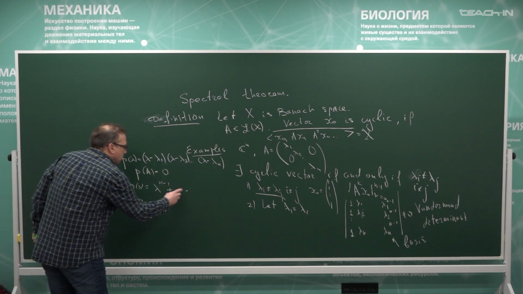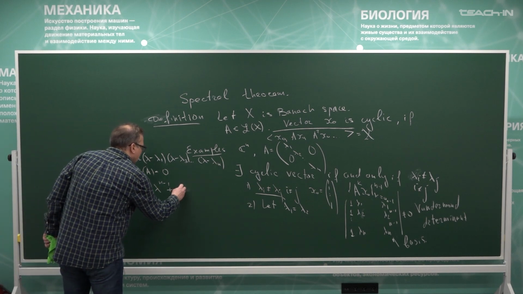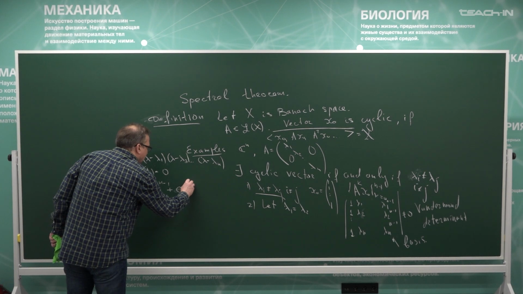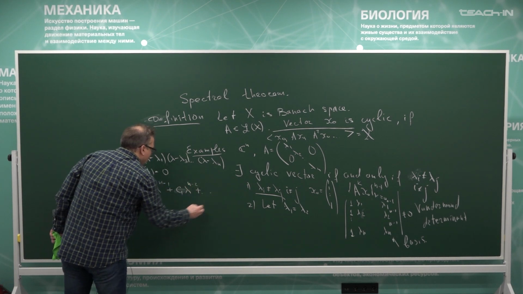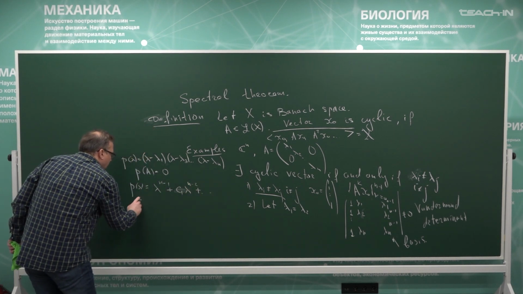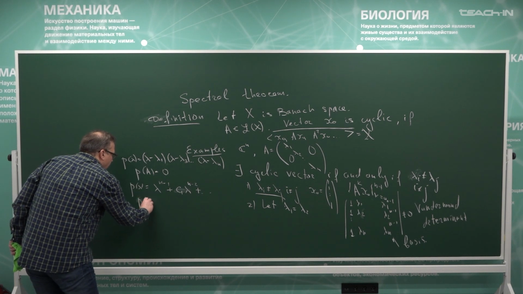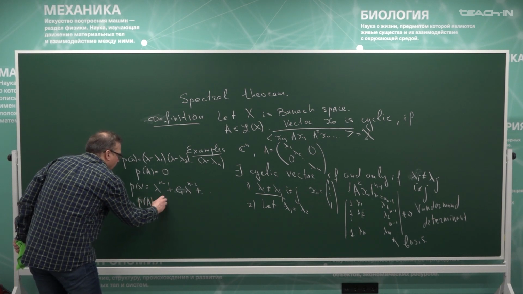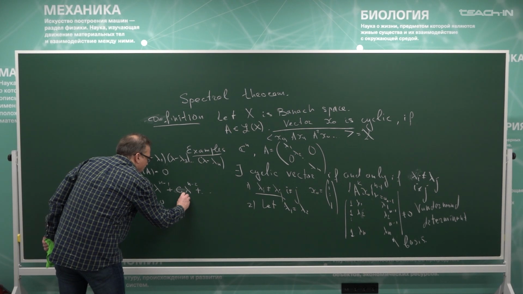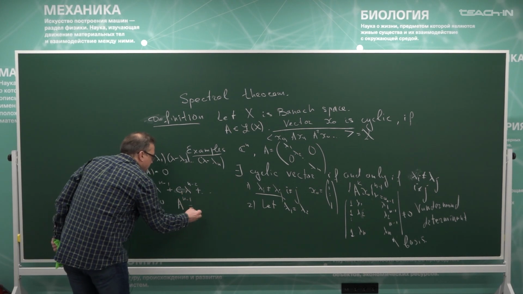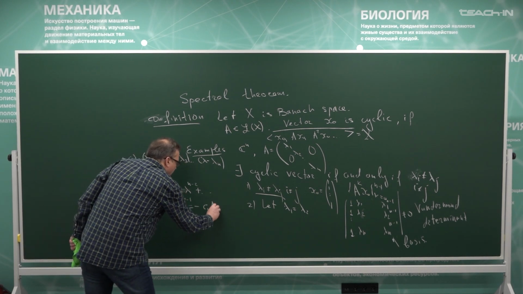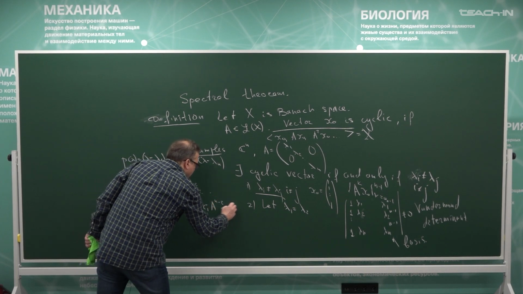So with some constants, c1 lambda^(n-2) plus and so on. Then you see that p of A equals 0, because this bracket vanishes on these two elements. Then A^(n-1) equals minus c1 A^(n-2) minus and so on.